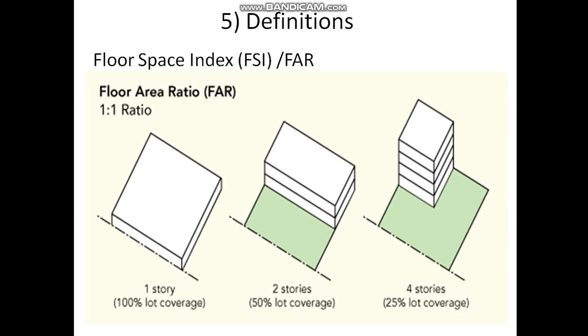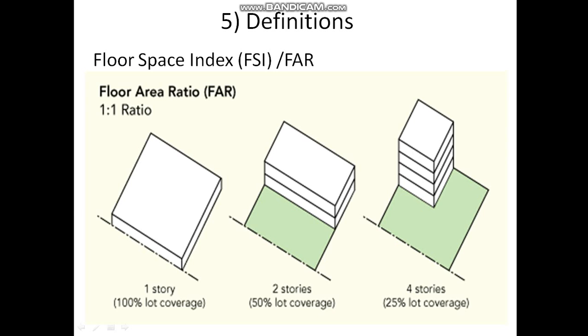Now this is some example of calculation of FSI. All these three diagrams have FSI equal to 1. In the first diagram, built up area is equal to plot area, as there is 100% coverage of plot area by building, so FSI will be equal to 1.